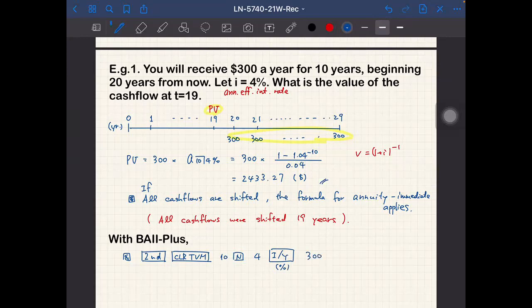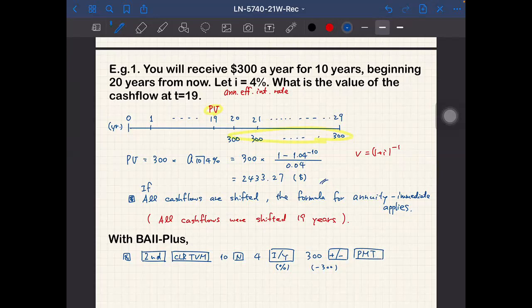Then 300. Finally, we want to get PV as a positive number, so we should enter the 300 as a negative payment. So we type 300, then the positive-negative button, then PMT. Then the payment is defined as negative 300.